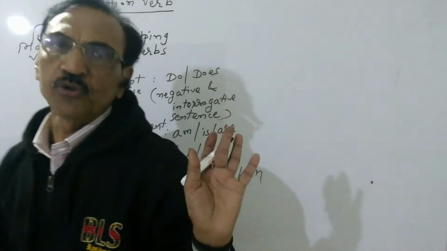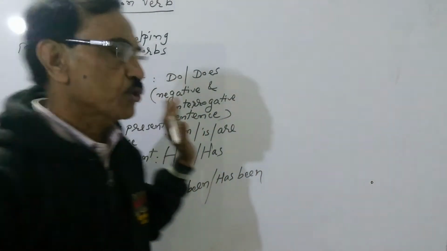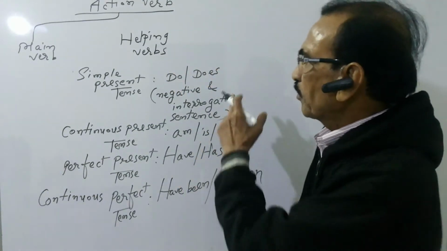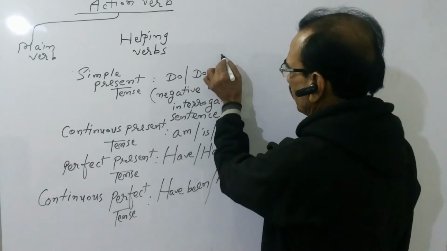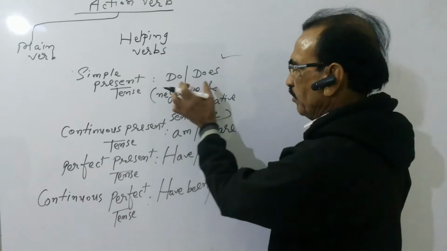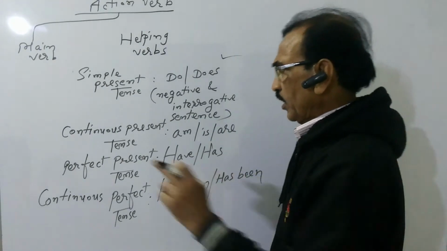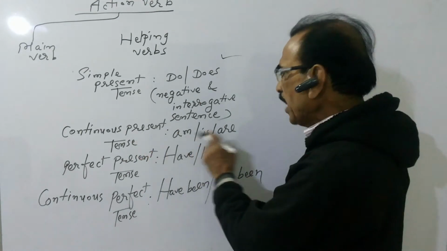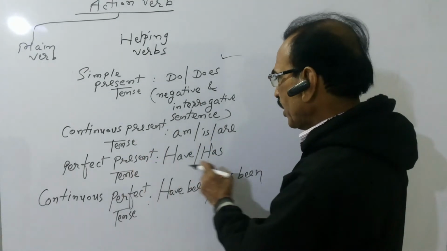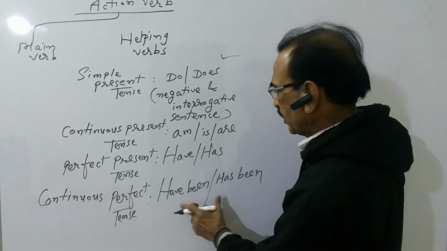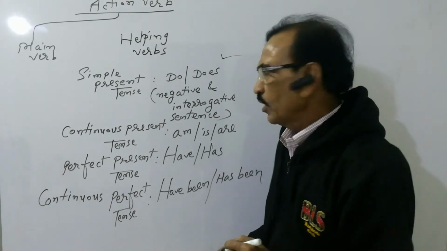Simply you have to remember, you have to memorize, you have to store and save it in your mind. The helping verbs for simple present tense: remember do, does. They are always used in negative and interrogative sentences. In continuous present tense, am, is, are. Perfect present tense, have, has, and continuous perfect present tense we have to use have been and has been.